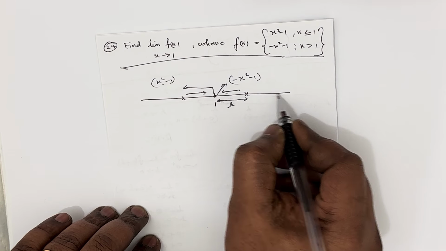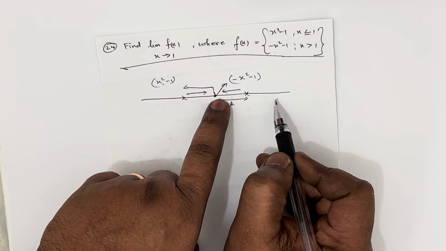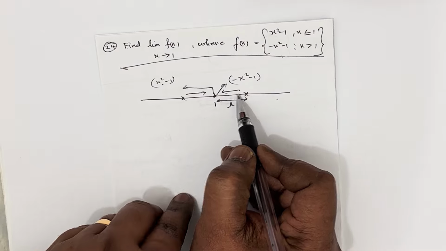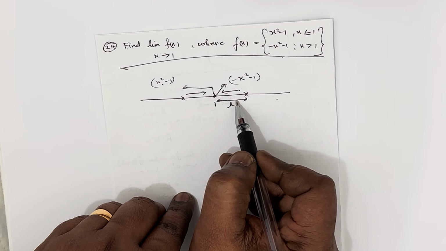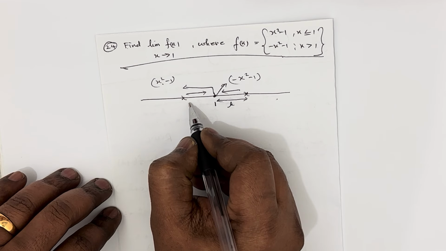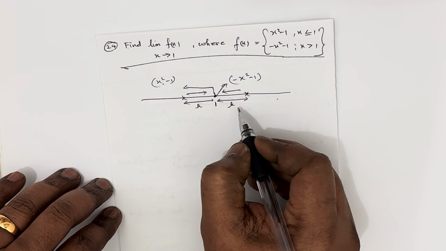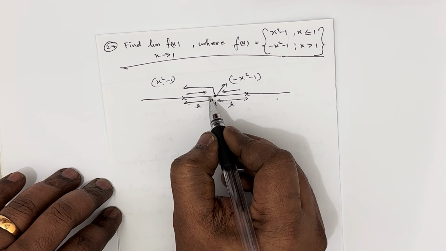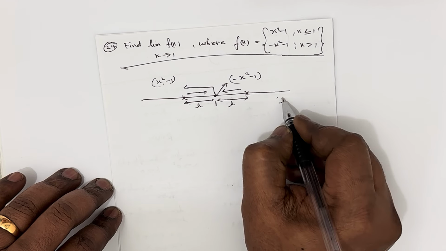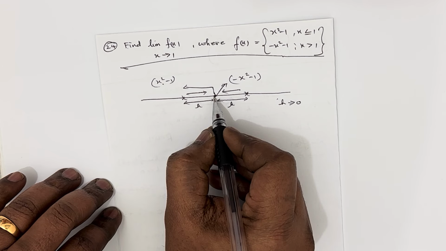When x moves closer, the length h decreases, and when x comes to 1, h becomes almost 0. Now as x is moving towards 1, h tends to 0, and here also h tends to 0.